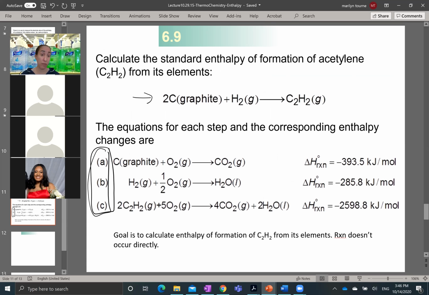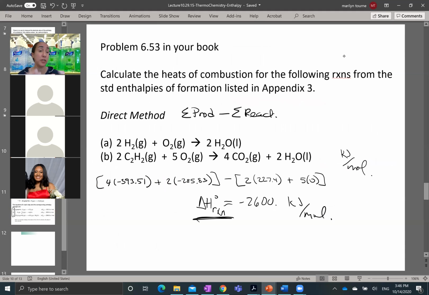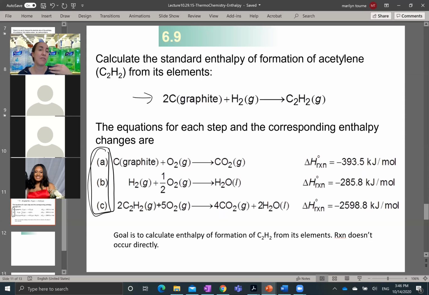So if you're going to be doing a direct type of problem on your exam, I will give you a little snippet, a little table, so that you can pick enthalpy formation values. Obviously, you don't have to memorize them. But let's say I ask a problem that asks you to do it indirectly, you obviously are not going to find those enthalpy values in the appendix because you have to do it another way.